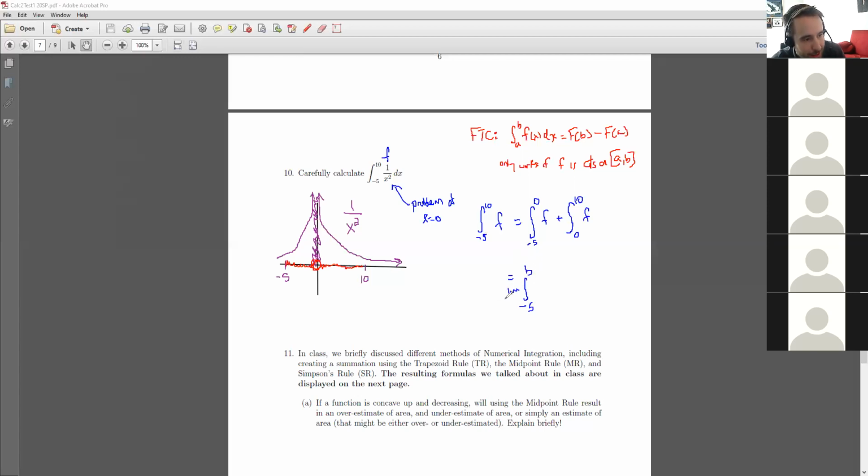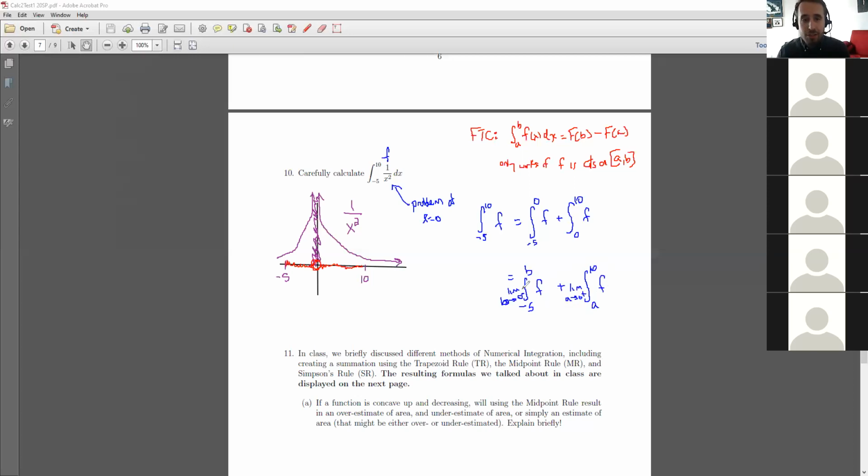This should be the limit as b goes to 0 of f, plus, and then we'd similarly have an integral not from 0 to 10, but from a to 10, and we would take a limit as a goes to 0. If we're being really precise here, a should go to 0 from the right-hand side, and b should go to 0 from the left-hand side.